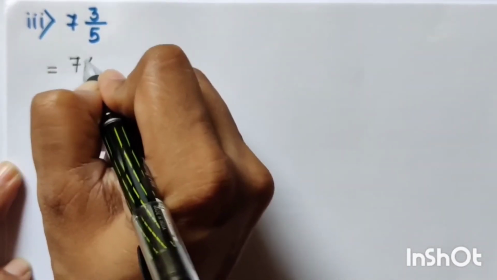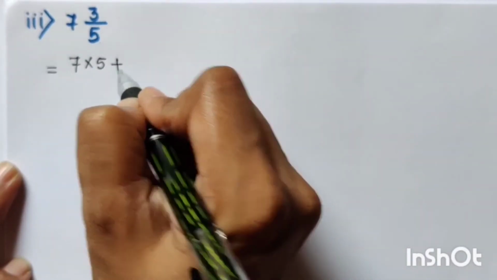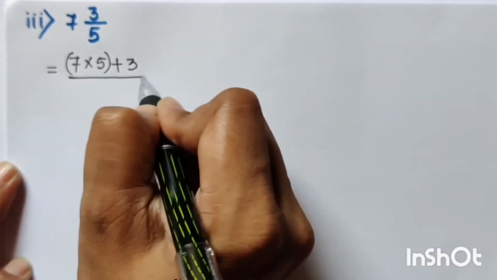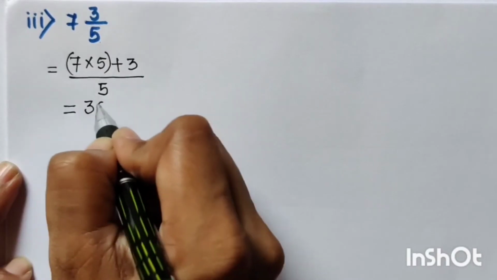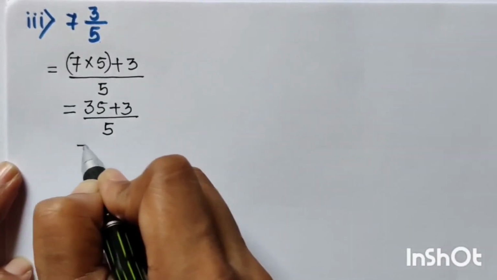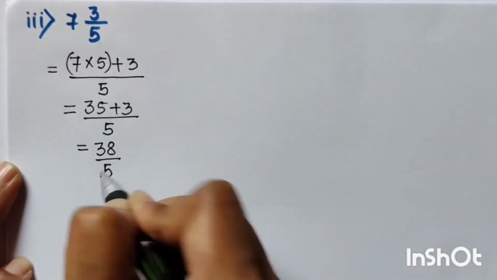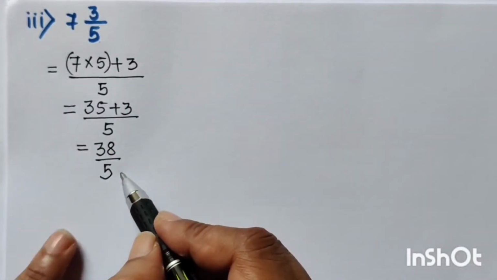Integer multiplied by denominator, that means 7 multiplied by 5, plus numerator, and upon denominator as it is. 7 5s are 35 plus 3. Upon 5 as it is we write. 35 plus 3 is 38. 38 upon 5. So we have done the conversion of the mixed fraction into a simple fraction.